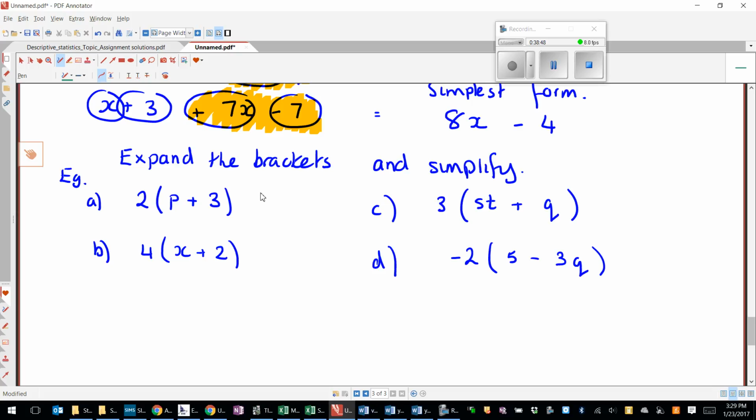What do we end up with? If we were to write it all out, it'd be p plus 3 plus another p plus 3. So it would end up as 2 p's plus 6.